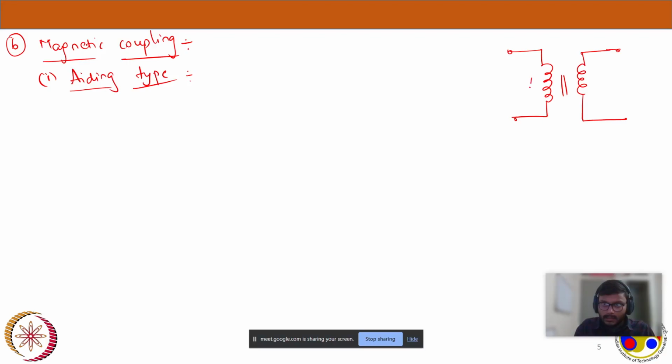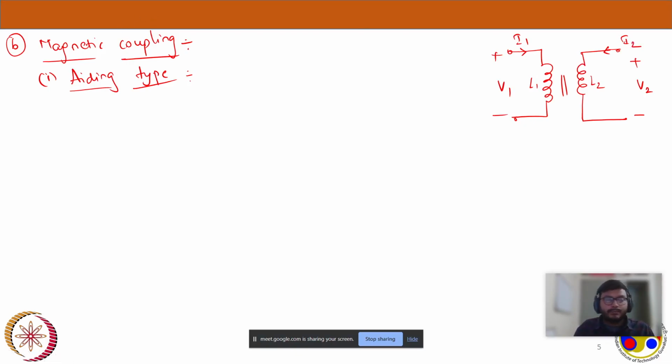This is L1, this is L2, primary side, secondary side, and I'm giving a supply of V1 in the primary side, and that will make a current of I1 flow in the circuit. I will give a supply of V2 in the secondary, so that will be responsible for the flow of current I2 in the secondary.